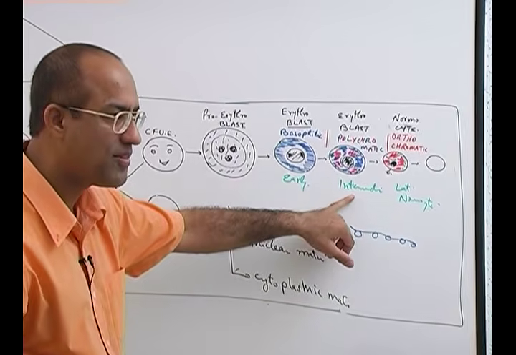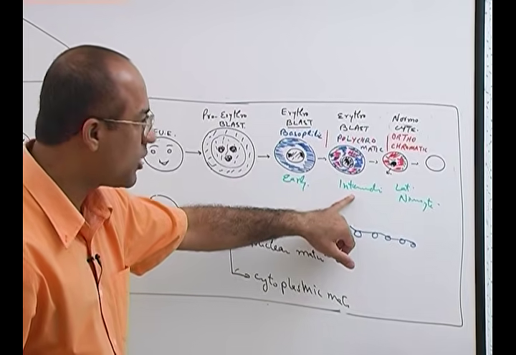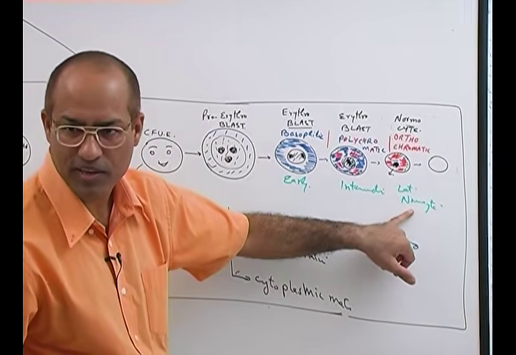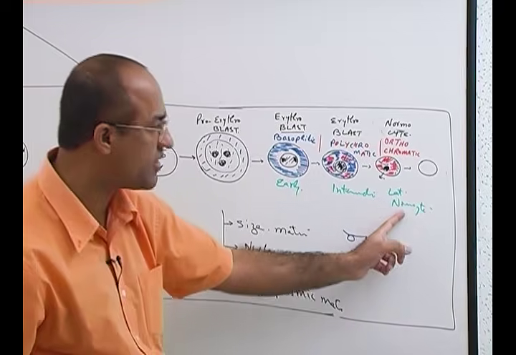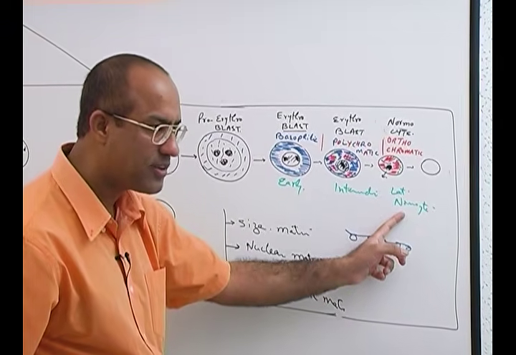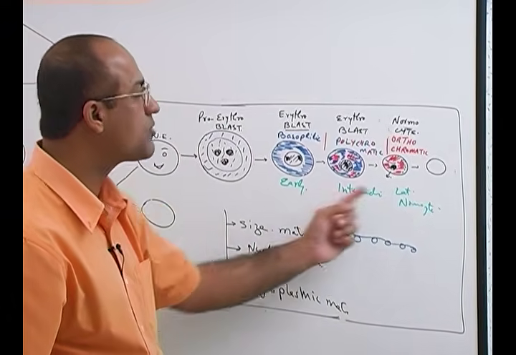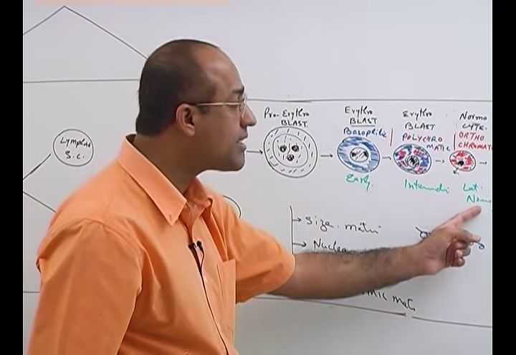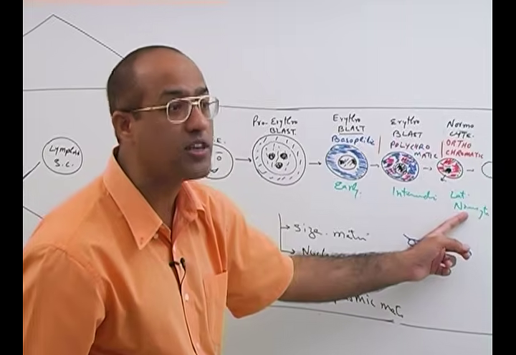Intermediate means double color, polychromatic. And late means heavily hemoglobinized, reddish. Early is in early development and late is in late development. So this is one way to call it. All of them are normoblasts: early normoblast, intermediate normoblast, late normoblast, or preferably normocyte.